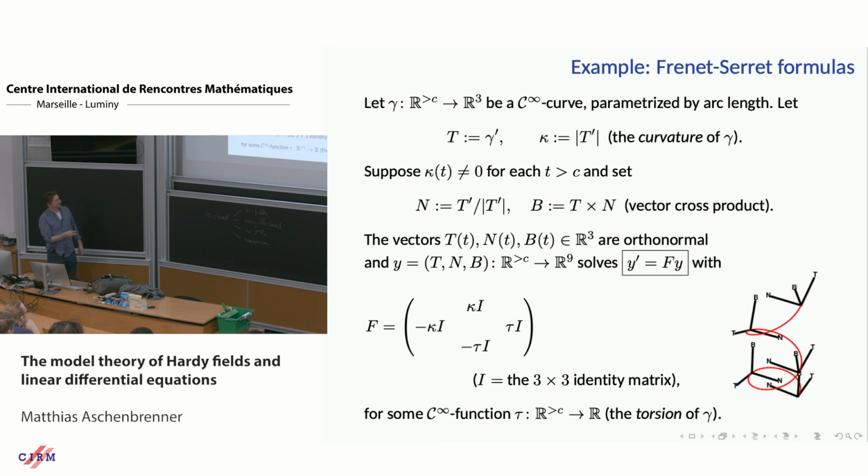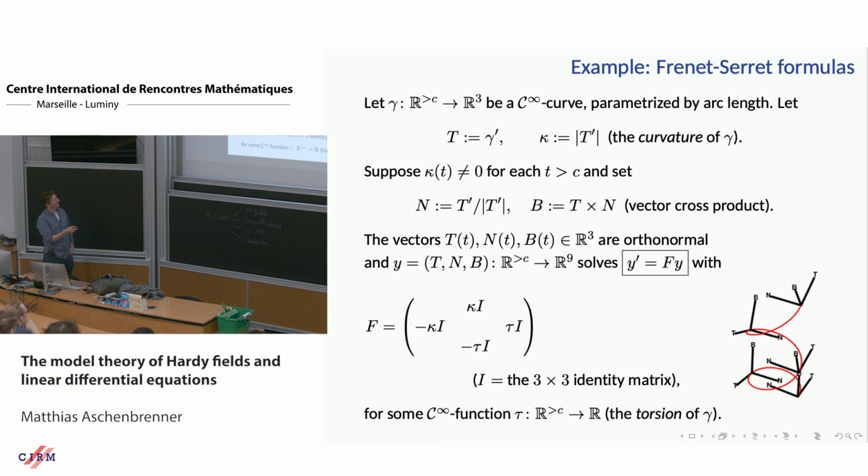And here's a picture, right? If you follow it around the curve, they're always following the behavior of the curve. And this triple T, N, and B, which we think of here as living in R^9, solves a certain kind of differential equation, y prime equals f y, which looks like this.